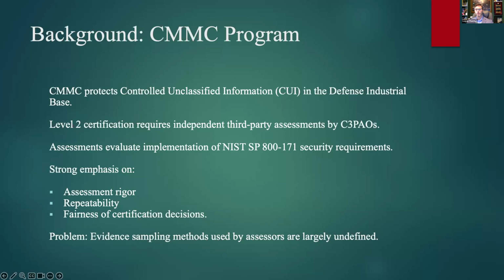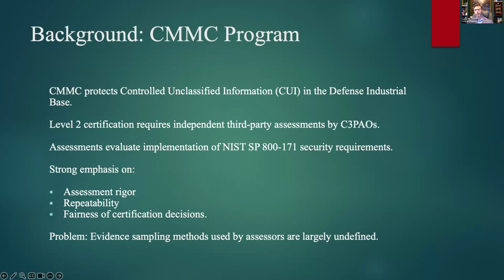So it's a relatively new assessment framework. There are 3 assessment levels in the CMMC framework. At Level 2, organizations must undergo independent third-party assessments conducted by CMMC third-party assessment organizations, also known as C3PAOs, which evaluate the implementation of, again, NIST SP 800-171 requirements.